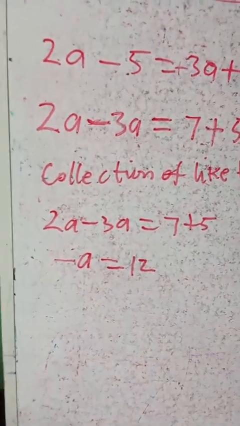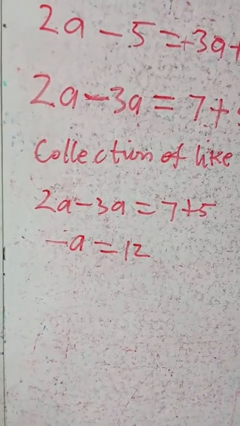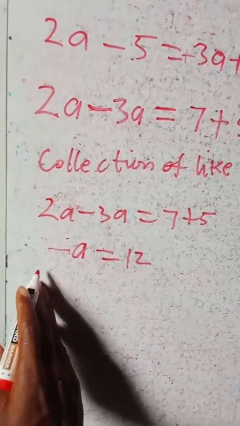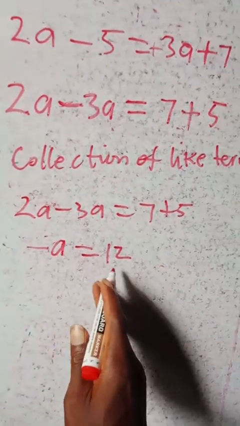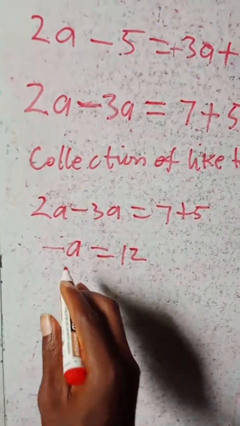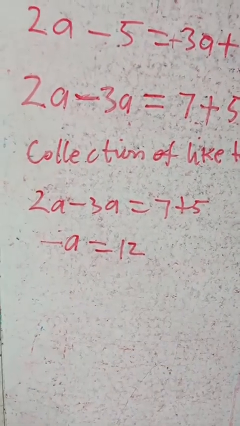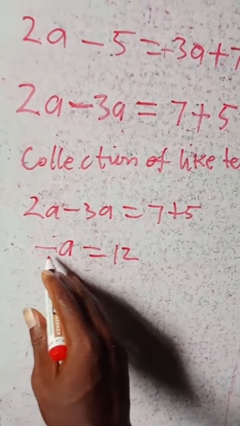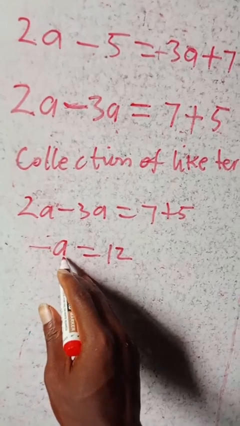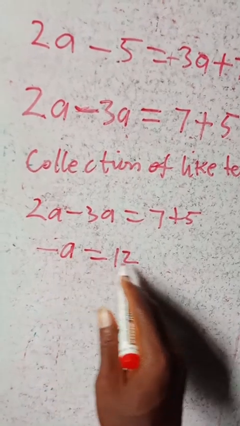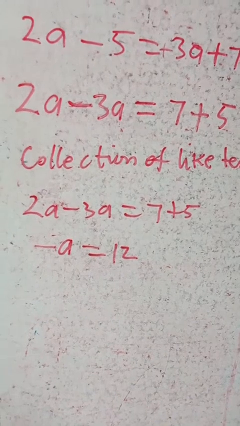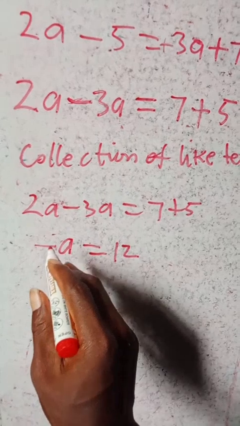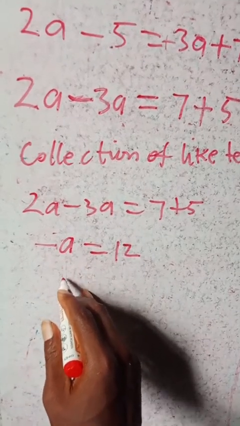We have come back to that initial state of a linear equation, where you have an alphabet on this side and a number on this side. We are looking for what alphabet must multiply by minus to give us 12. So how can we make a stand alone?